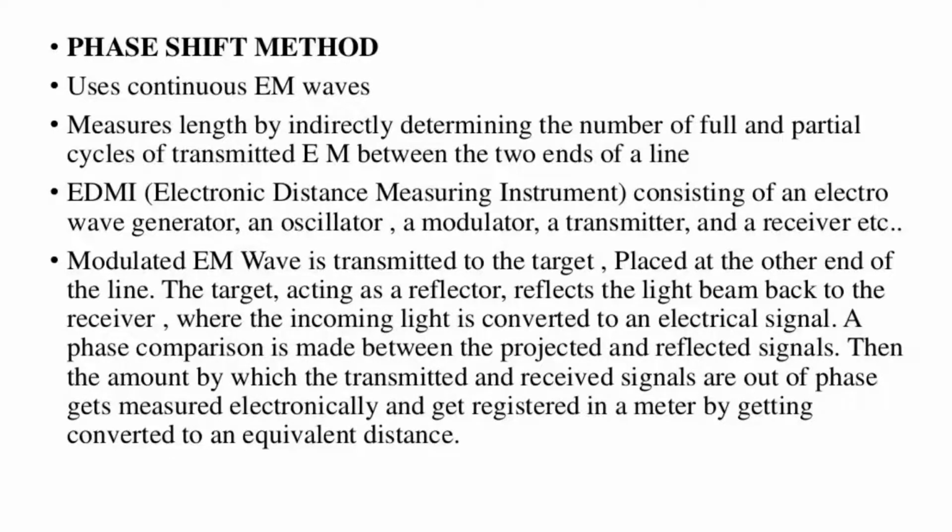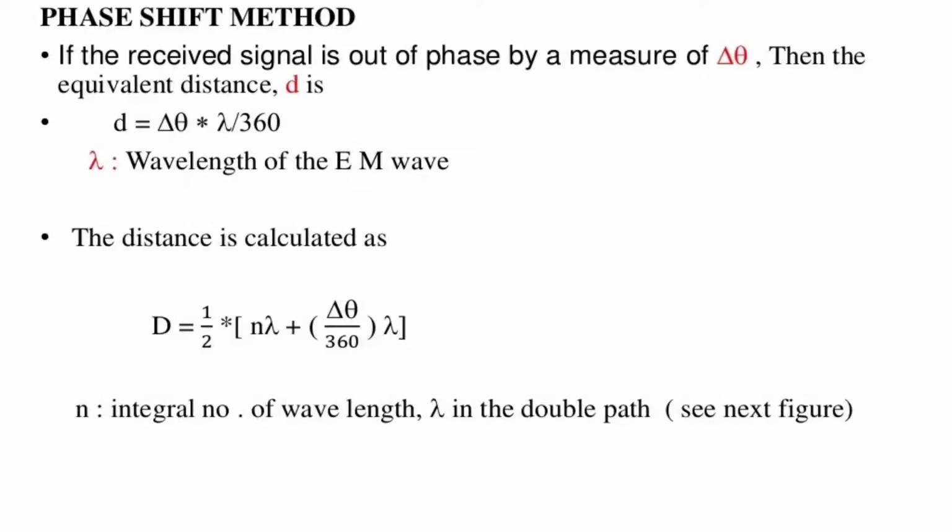The target, acting as a reflector, reflects the light beam back to the receiver, where the incoming light is converted to an electrical signal. A phase comparison is made between the projected and reflected signals. Then the amount by which the transmitted and received signals are out of phase is measured electronically and registered in a meter by getting converted to an equivalent distance.